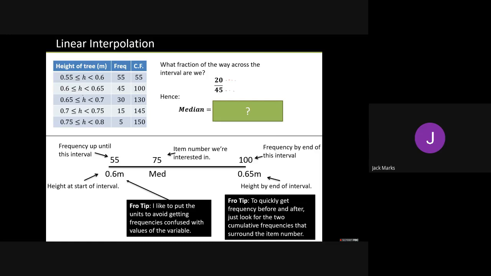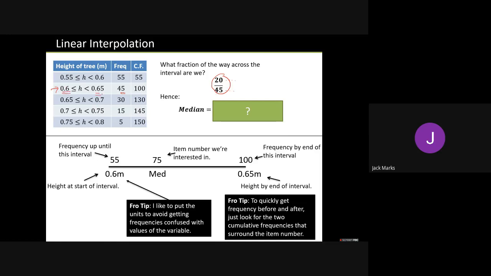And as you can see here, in fact, this number's in the table, there's 45 people there. And so the median, well, where is the median? It's wherever you start in that group, which is 0.6, and then we're going to add on 20 45ths of this distance from here.